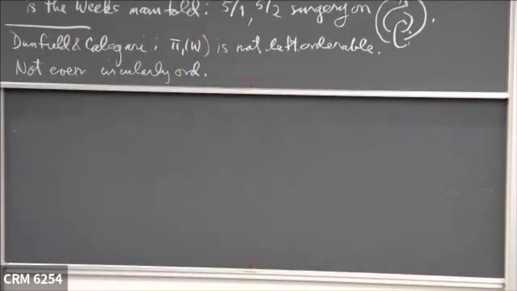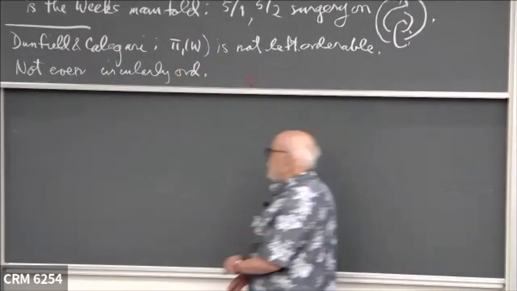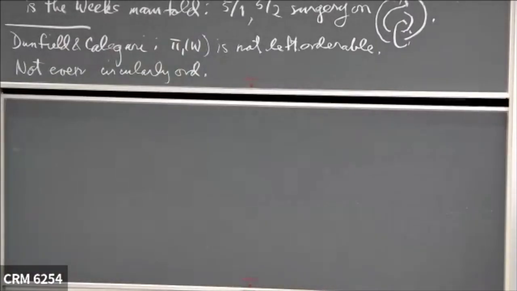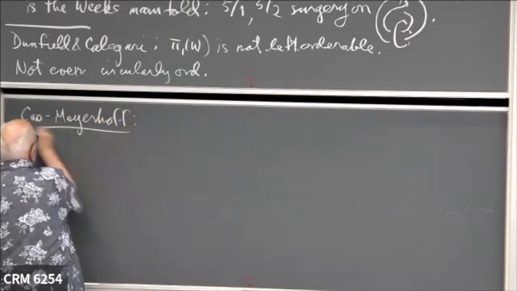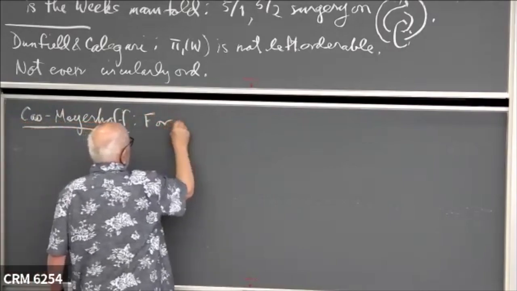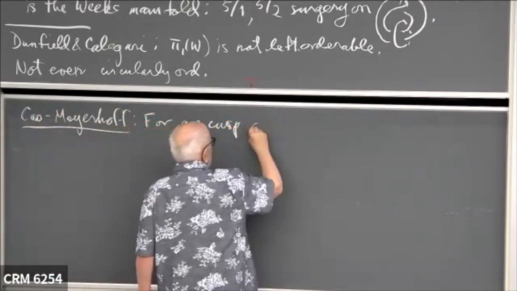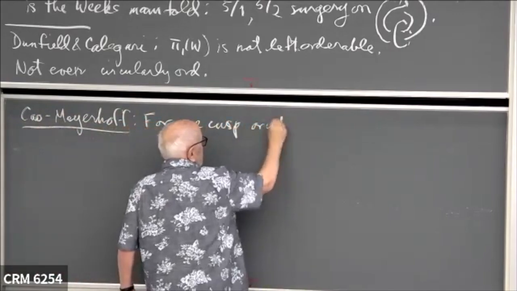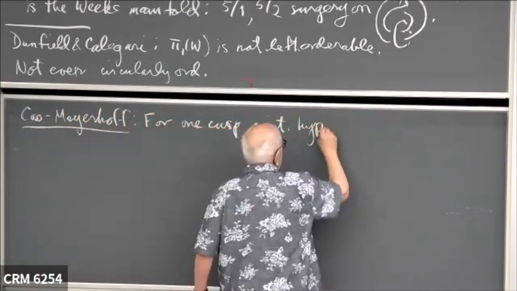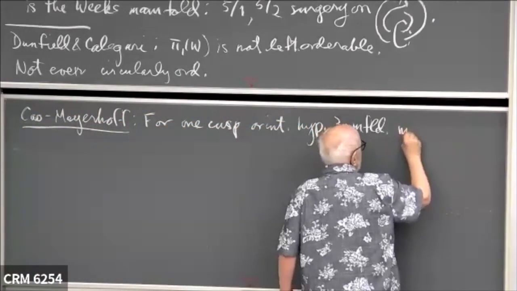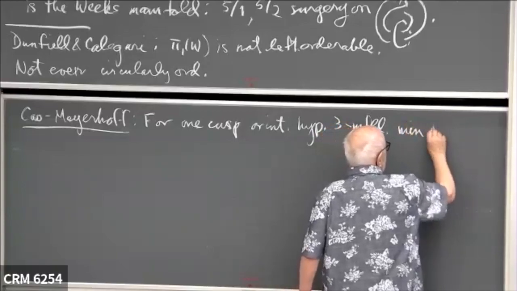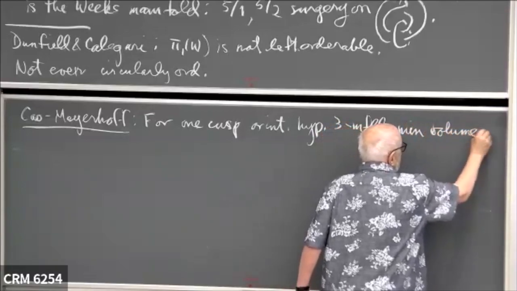Now, what about ones with cusps? Well, if we have a one-cusp orientable hyperbolic three-manifold of minimal volume, Meyerhoff and Cao showed that there are two examples.